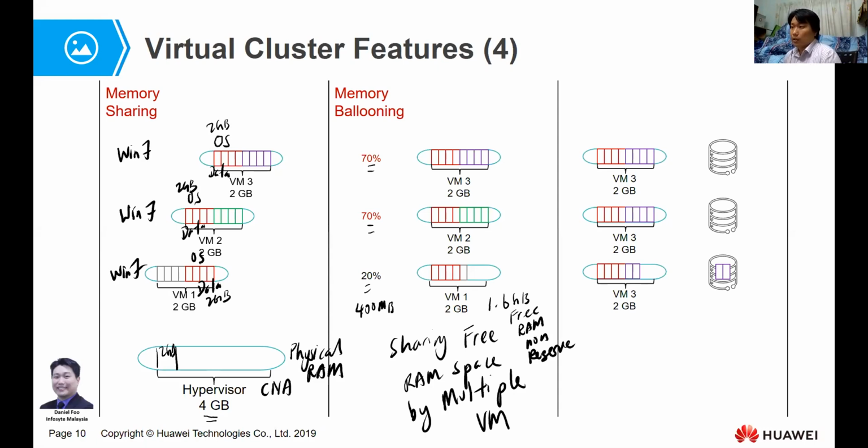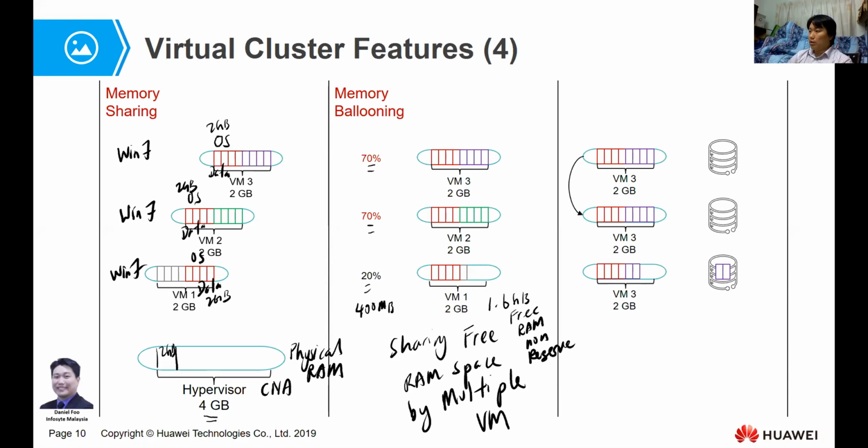Memory ballooning is sharing the non-used RAM free space by multiple VMs. It's like a balloon that you can expand and shrink anytime based on your usage requirement. This ballooning is used especially when your virtual machine RAM memory usage is not in a stable high and low load manner, so they will be sharing the free space. So this is memory ballooning.